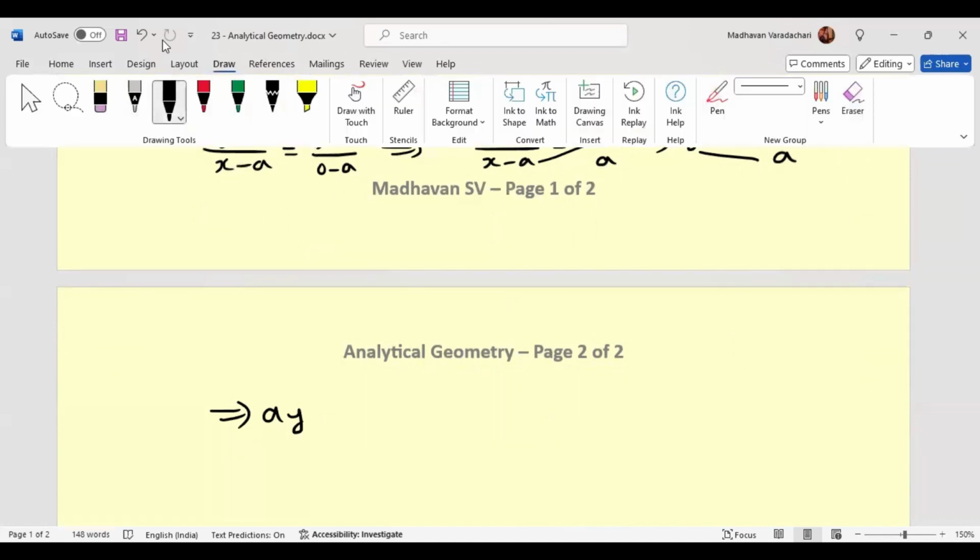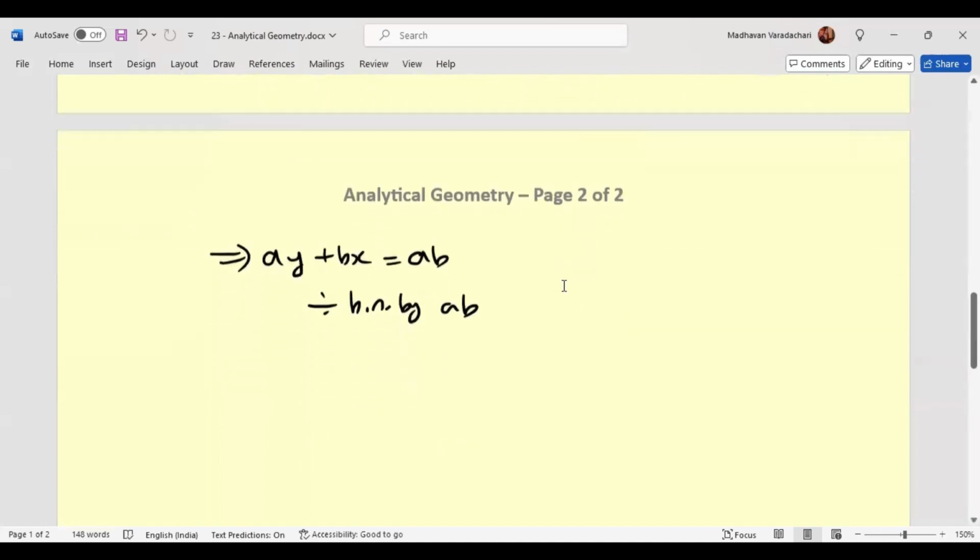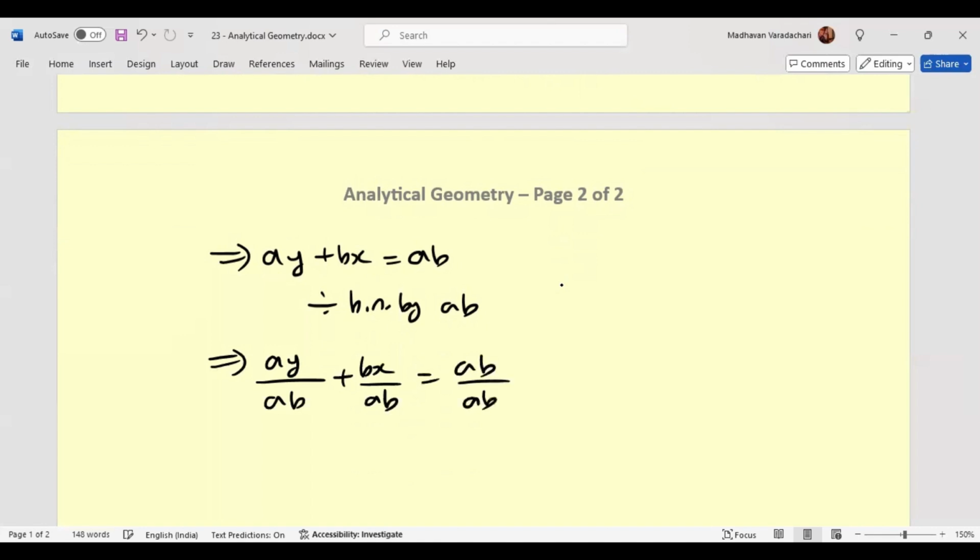So we can write plus b x is equal to a b. Now divide both sides by a b. We get a y by a b plus b x by a b equal to a b by a b.